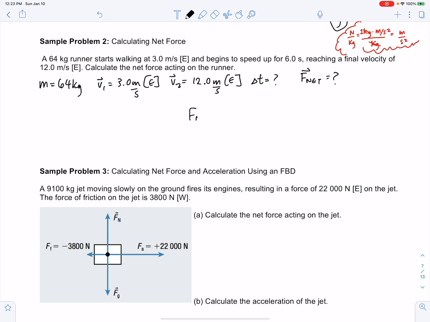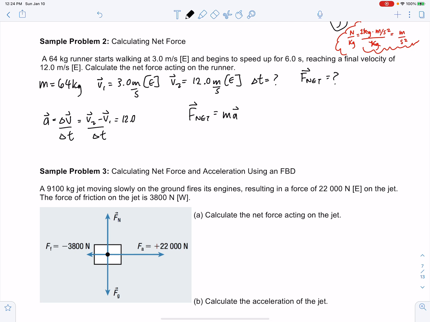We know that net force is equal to mass times acceleration, and we have the mass, but we don't have the acceleration. So we're going to have to find the acceleration, which is common in this section, where they don't give you the acceleration. You have to look back to kinematics and calculate the acceleration, which is delta v over delta t, which is v2 minus v1 over delta t.